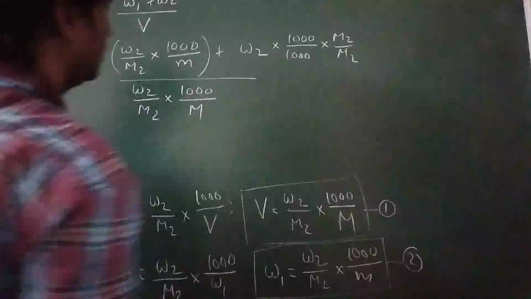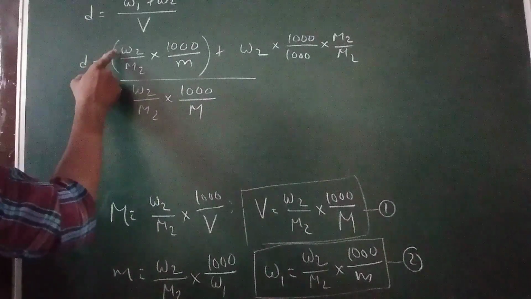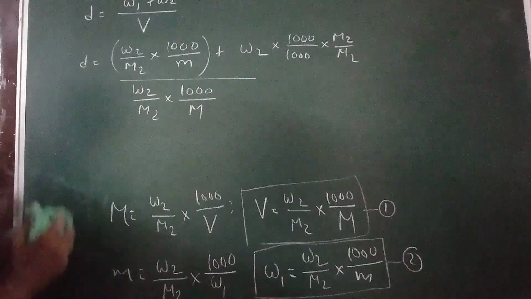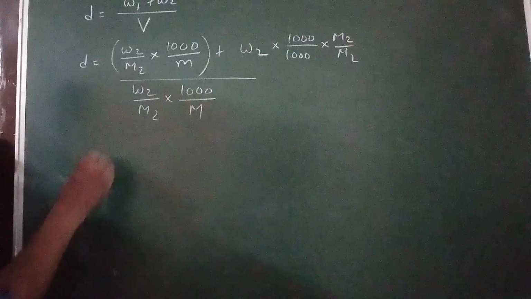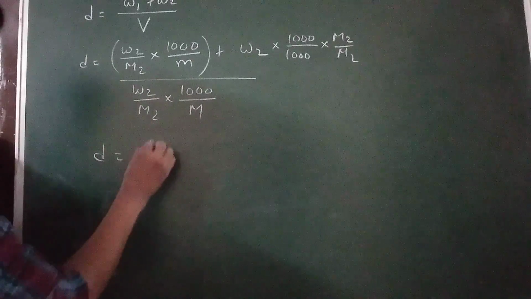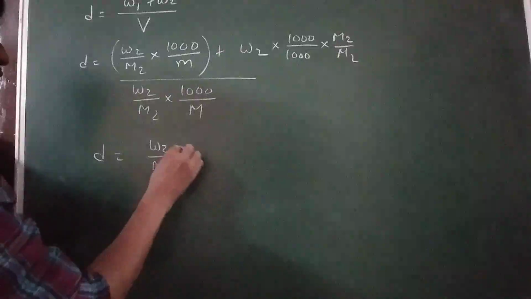To cancel the common value, here we can write 1000 by 1000 and M2 by M2. Then we take W2 by M2 into 1000 as common. That is equal to W2 by M2 into 1000.